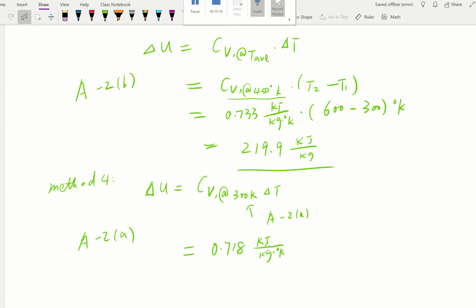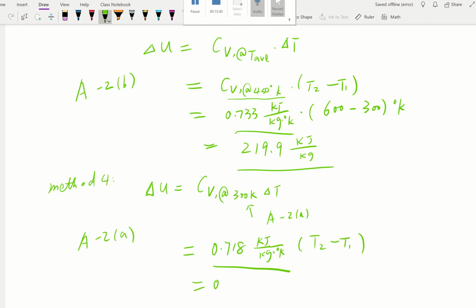Then you can compare this value with 0.733. Be mindful, 0.733 is from when temperature is 450, and that would be a better approximation than 300 Kelvin. However, they are pretty close, right? Then you times T2 minus T1.